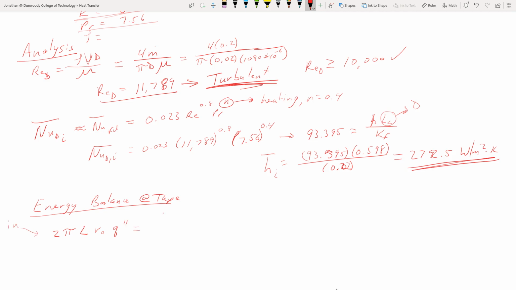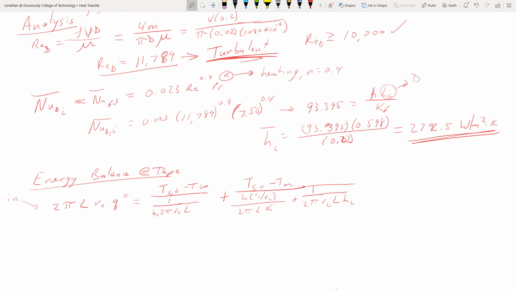Where that's going, we have T_so minus T infinity, this is the part that's leaving to the ambient air, over 1 over h_o 2 pi R_o L. And then we have the part that's leaving into the water, which is going to be T_so minus T_m, that's our temperature difference, over the two resistances: ln of r_o over r_i over 2 pi L k, we'll sub that value in a minute, plus 1 over 2 pi r_i L times h_i. All right, so this is the part to the water.